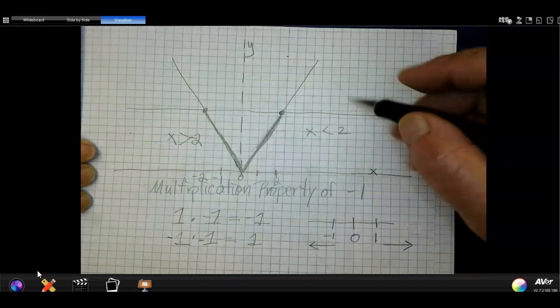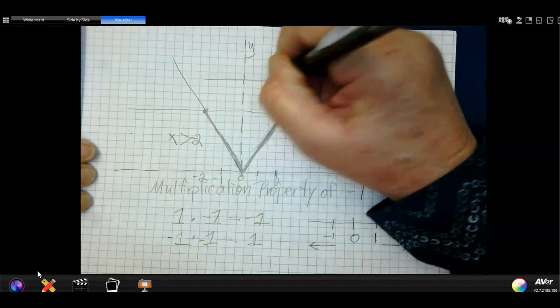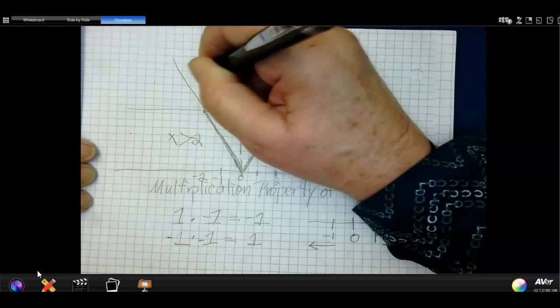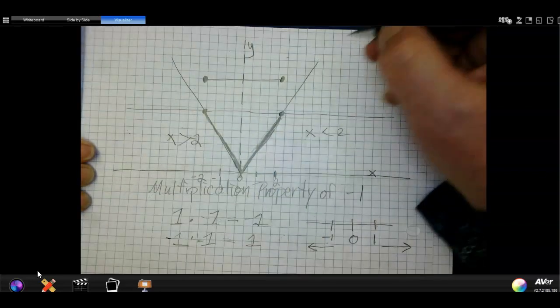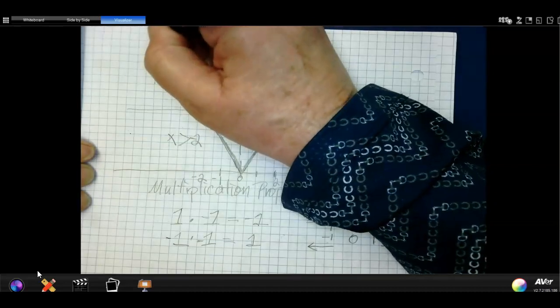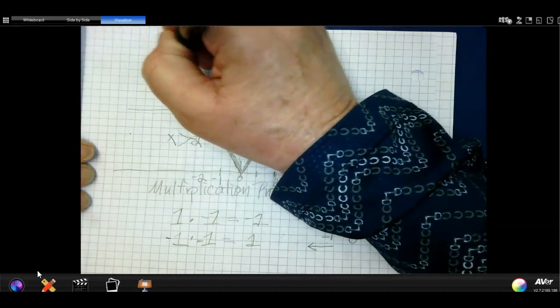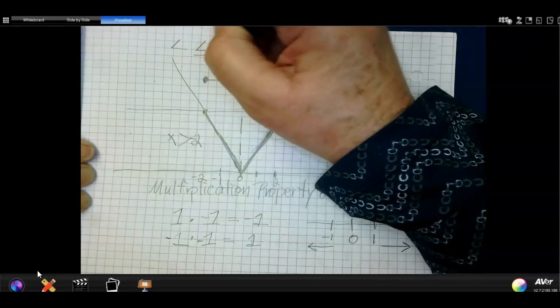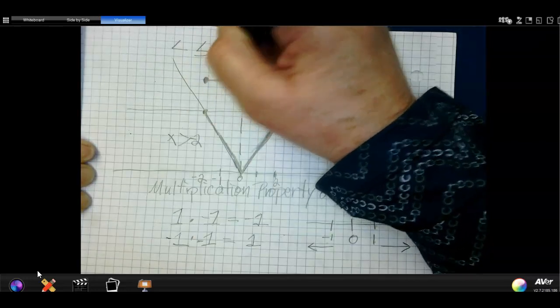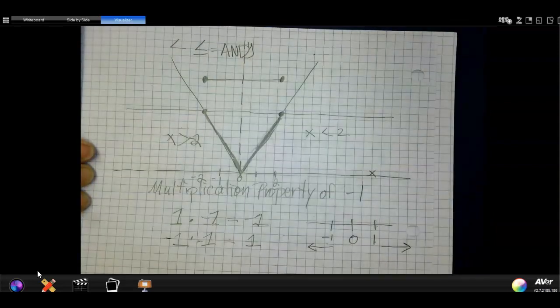And if you remember, young people, what this looks like, this is an and inequality. So less than or less than or equal to is an and inequality. Okay?